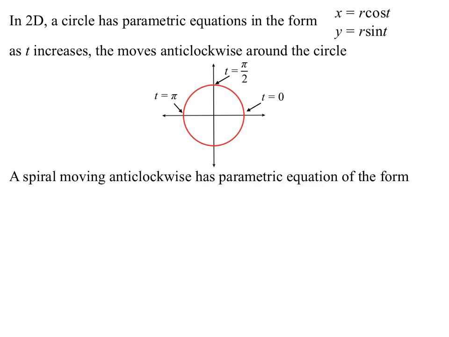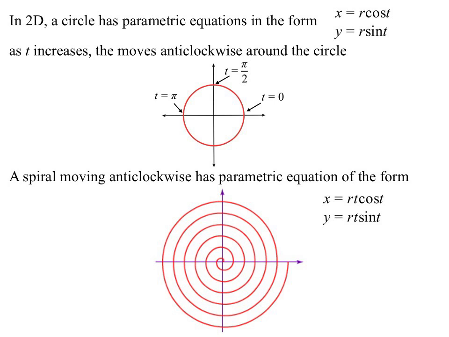Now, if instead of a circle, we have a spiral going anti-clockwise, the parametrics now become this. Not r cos t, but rt cos t. There's a spiral. When t equals 0, because now I'm multiplying by t as well, I'm at the origin.